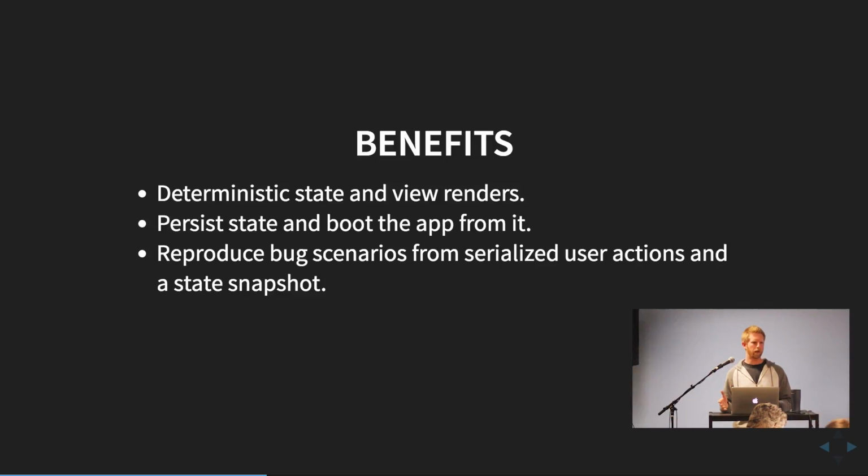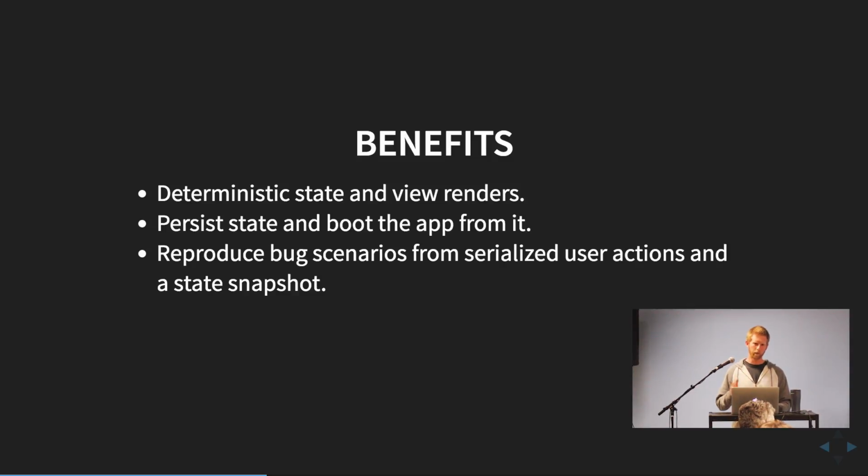For example, if a user is interacting with your app and some error occurs, we could take that state snapshot and all of the actions that led up to the error, serialize those things, and send them off so that a developer can later take that and replay that scenario. It's roughly analogous to using Git.